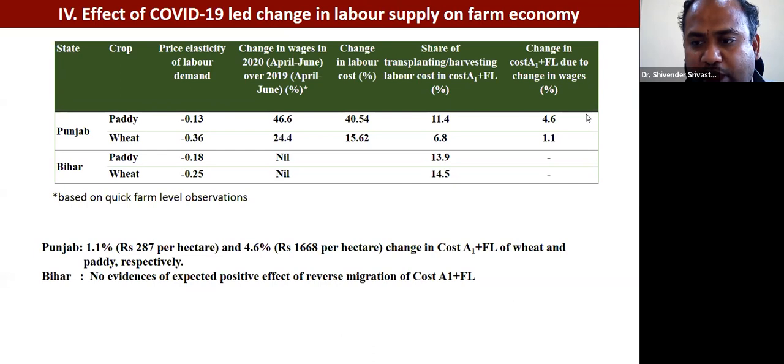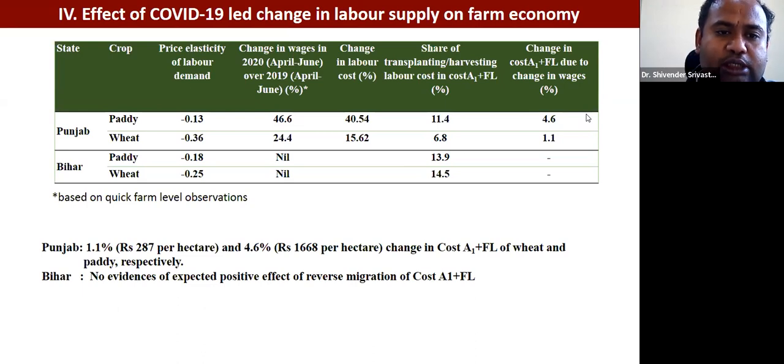You might remember that the lockdown was in March-April of 2020. After April, May, June is the period in which harvesting takes place, and after that wheat harvesting and then paddy transplanting take place. So when there was a lockdown, there was a problem in the movement of labor for quite some period. After that they opened, but the operations might have been affected.